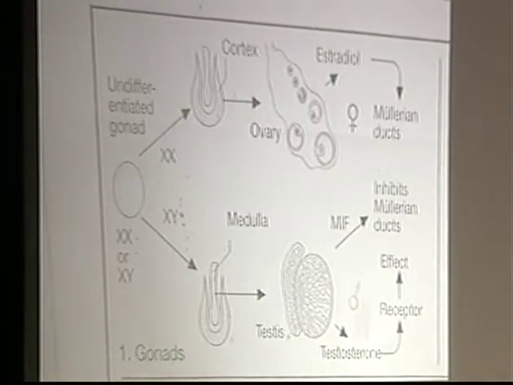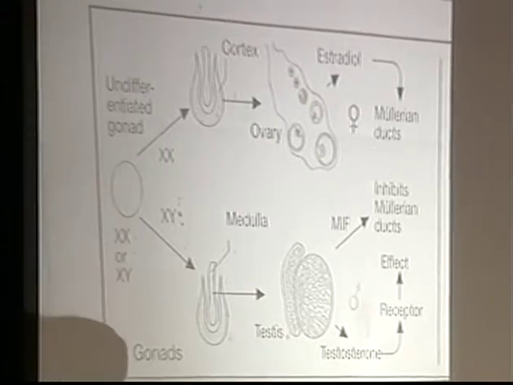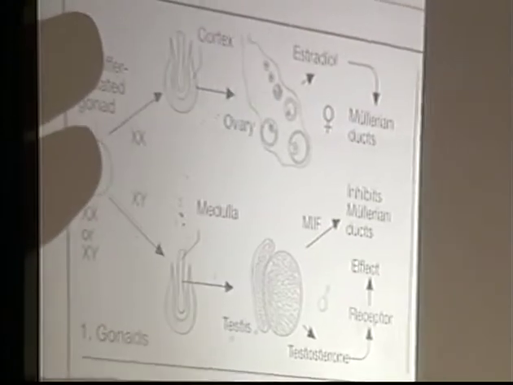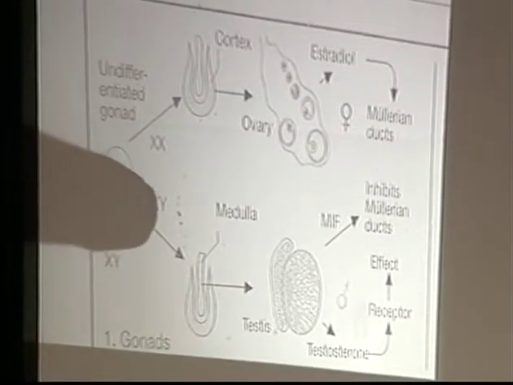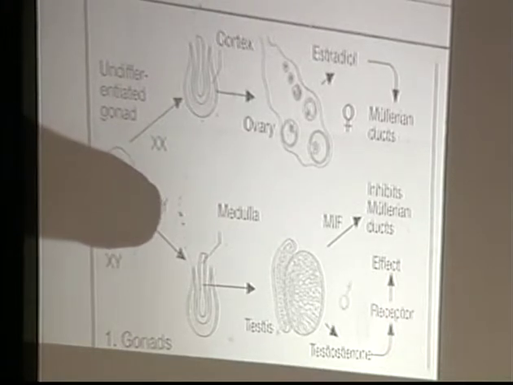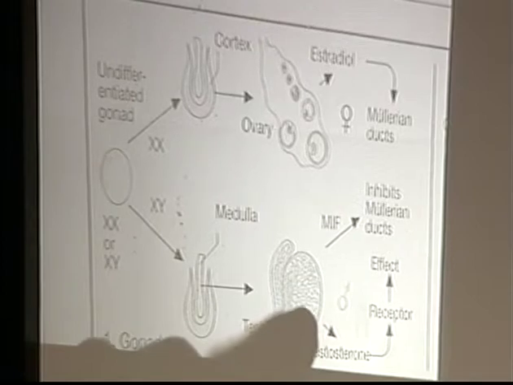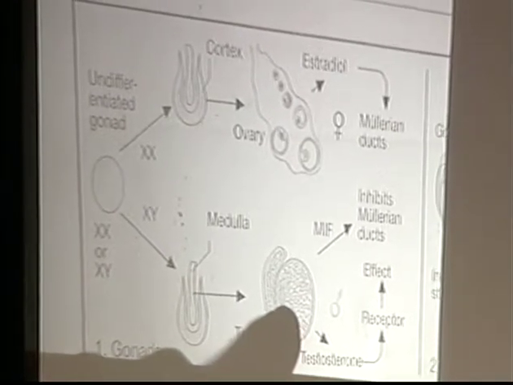The development of the gonads, the testes or ovaries, depends on the presence of the X or the combination of X's and Y chromosomes. If there's a Y chromosome, then this gonad develops as a testis. And what it does then is it does two things.